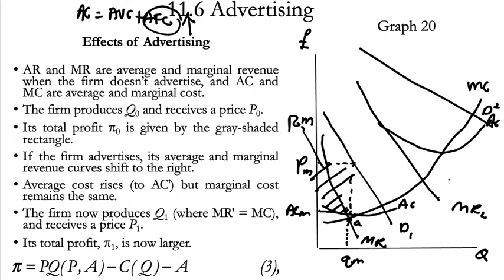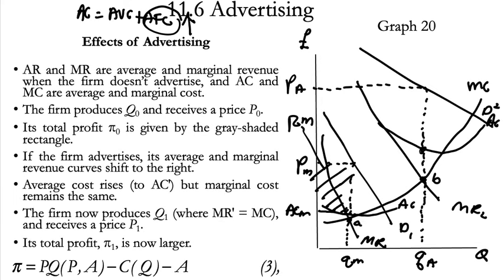So profit maximizing as usual is MR equal to MC. This time, MR2 intersects MC at this point, call it point B. Quantity is here, I call it QA. The price at the new demand curve at this quantity is PA. The cost per unit is here.